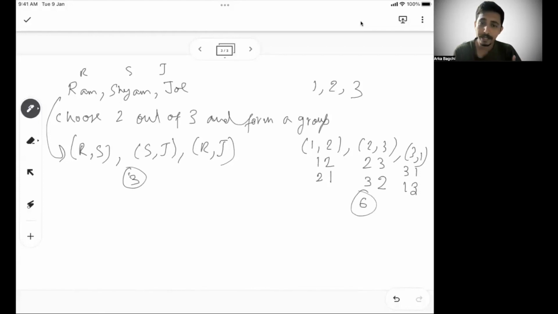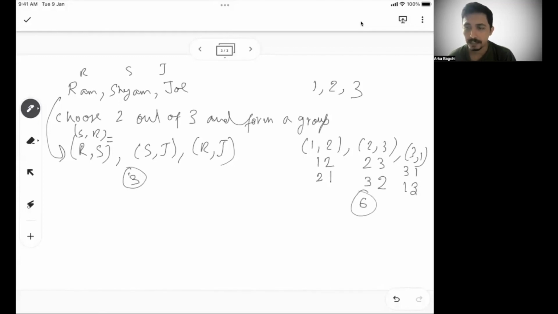What I'm trying to say is, if you are choosing certain items from a given set, and the internal arrangement of those choices does not make any difference, like Ram and Sham or Sham and Ram, it's all the same thing. But if you choose 1 and 2, 12 is one number and 21 is another number. So the internal arrangement of the choices is significant and can create a new group or a new number.